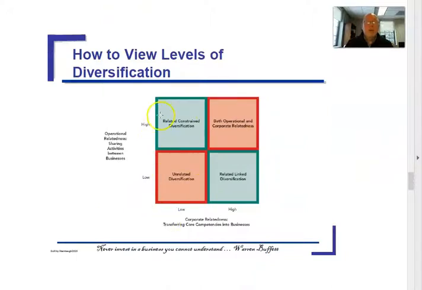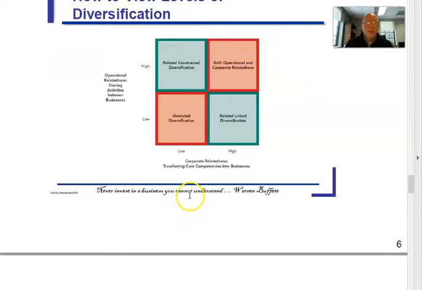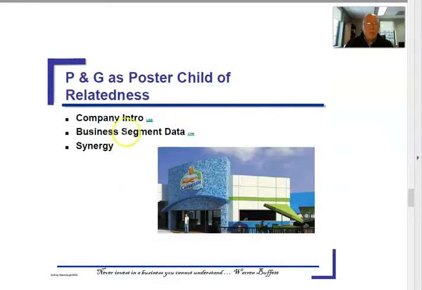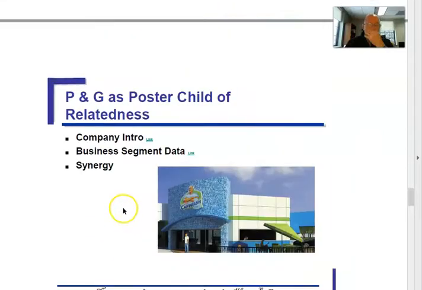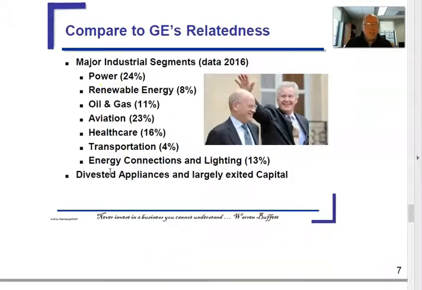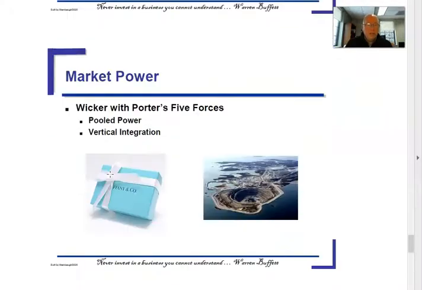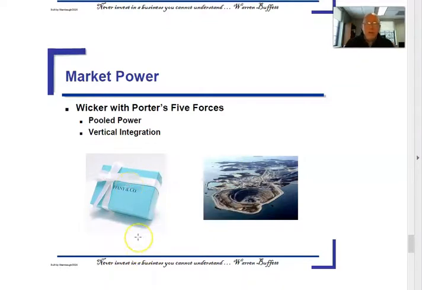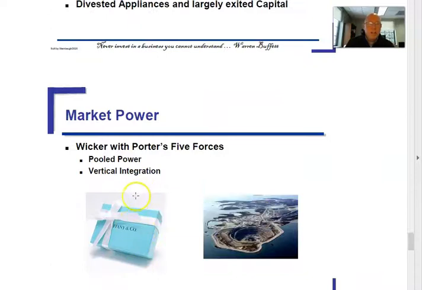Again, you don't need to worry about this chart other than make sure you know what unrelated diversification is. There's no questions where you need to remember details of P&G, GE, Tiffany's, or Danaher down the line, but you do need to understand the concepts.